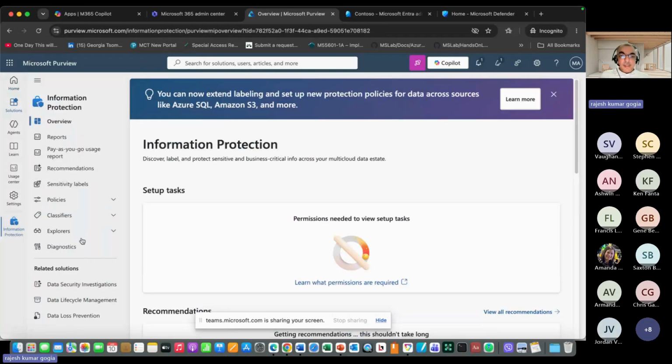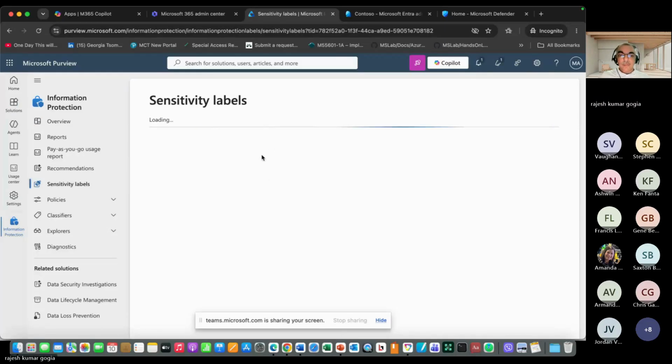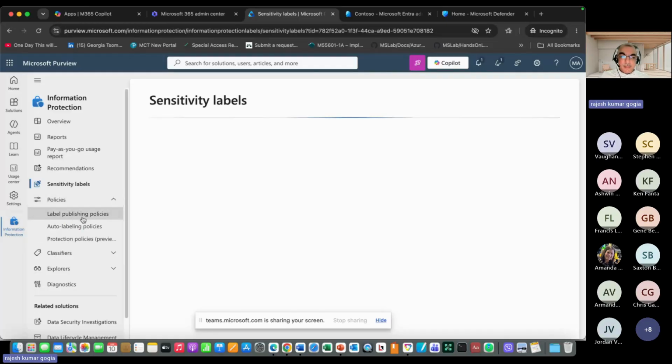See, this is what I was talking about. And from here itself, you can set up the labels. This is what I was referring to. So here itself, you can see there is a list of labels which are available.